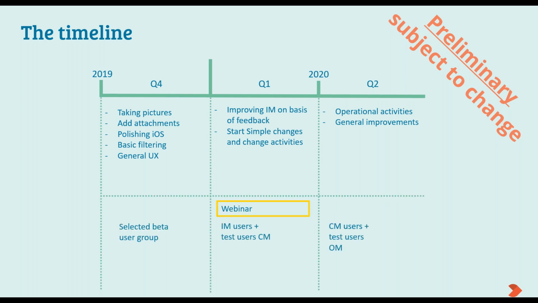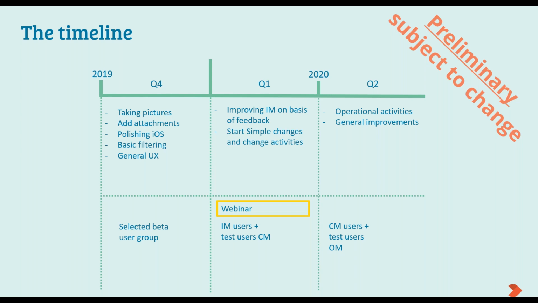So we also have user groups. In Q4, we basically mostly tested with a selected beta user group. And in Q1, we want to really launch the incident management product as you just saw it, which you will receive an email about later. We also want to start using a test user group that's a bit smaller.